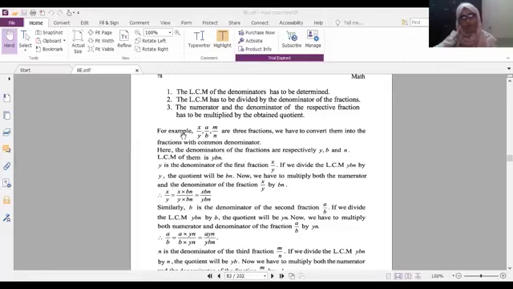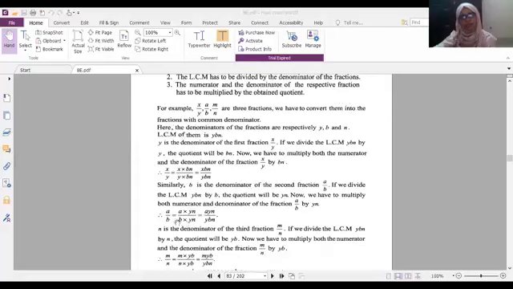Now, both numerator and denominator multiplied by this quotient, we get m by n is equal to m into yb by n into yb is equal to myb by ybn.